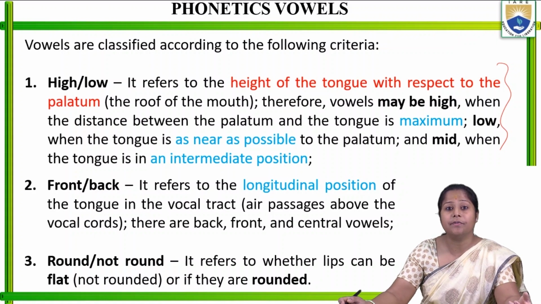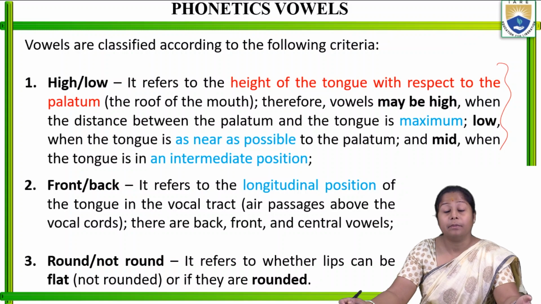Whatever sounds we create with the help of the tongue come under high-low. It refers to the height of the tongue with respect to the palatum. Therefore, vowels may be high when the distance between the palatum and the tongue is maximum, and low when the tongue is as near as possible to the palatum.